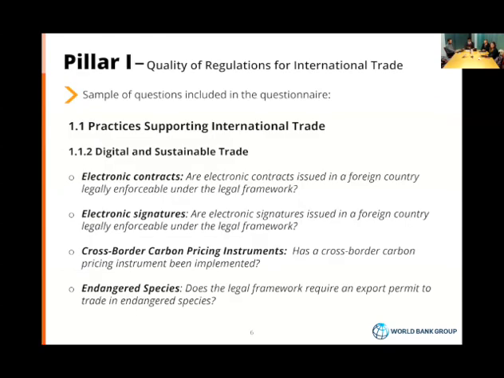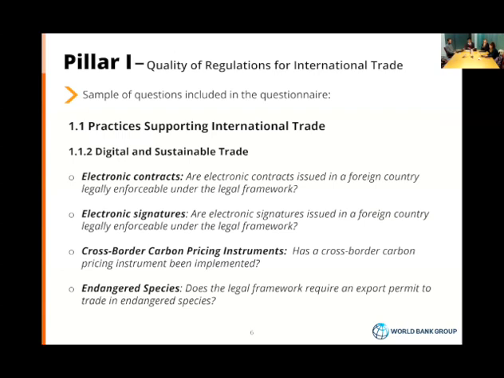This slide is to give some of you a quick snapshot, or a more practical and realistic example, of what our questions look like. So far, we've spoken about our indicators in the abstract. This slide gives you a glimpse of what our questions actually look like.